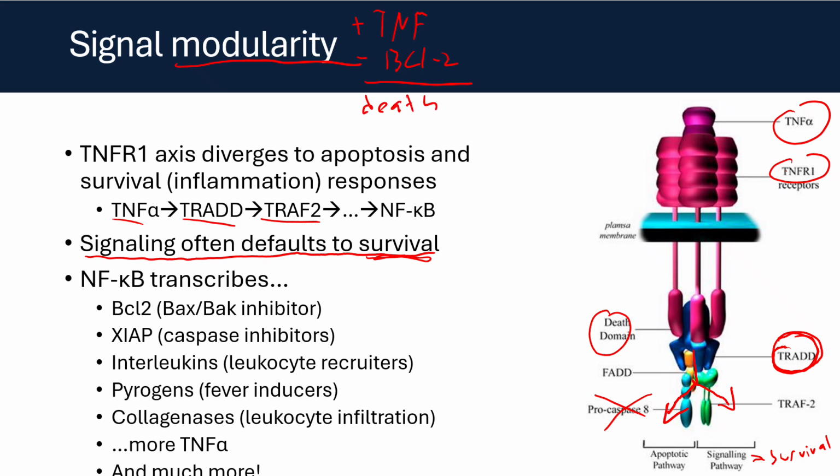When things are hunky-dory, the cell is going to have a baseline level of BCL2, which is going to keep in check any TNF that wanders in its direction. So instead of going down the death road, we're going to go down the survival road.